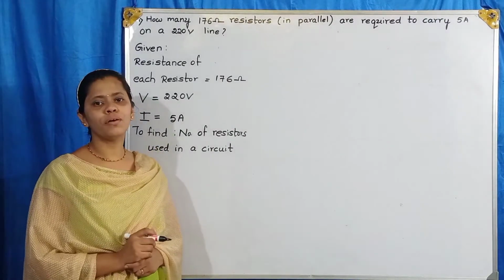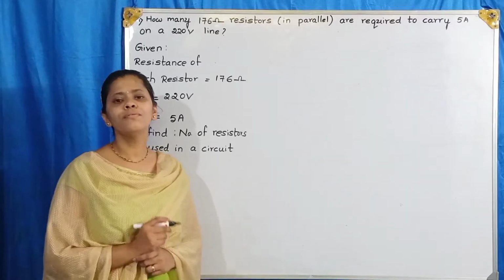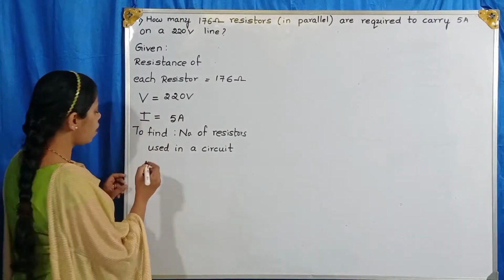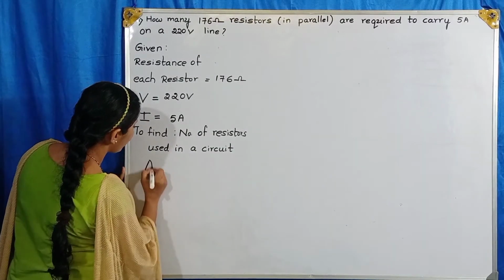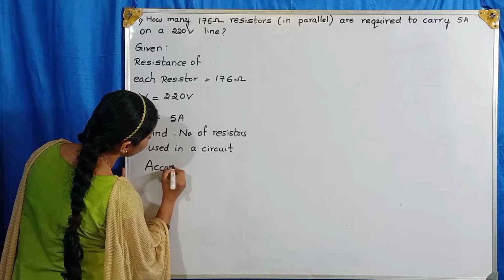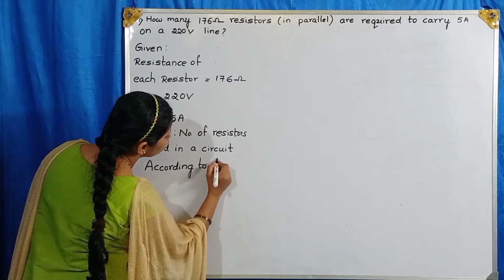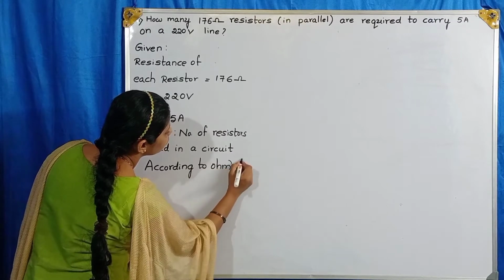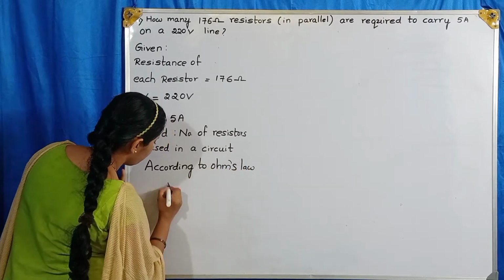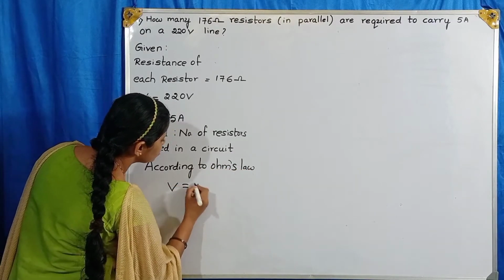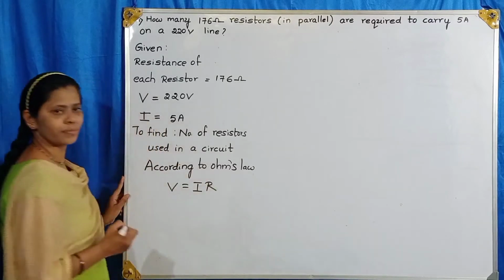And we know Ohm's law. According to Ohm's law, V is equal to I into R.